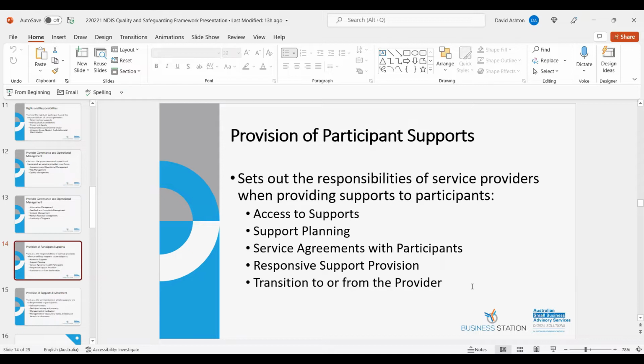So supports are available, reasonable adjustments are made to their environment, and they're given an opportunity to understand what circumstances supports can be withdrawn. So the support planning process, you need to sit down with that client and their advocate or family and put together a support plan.